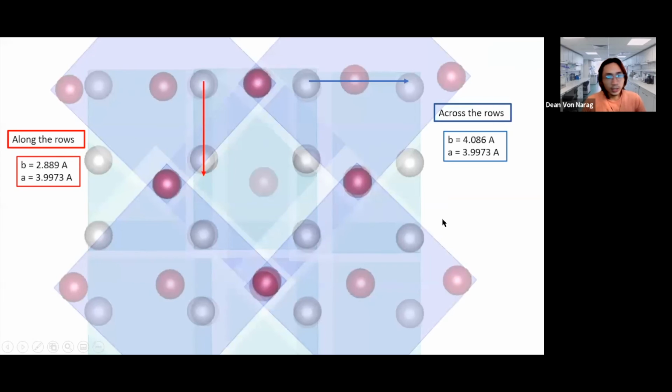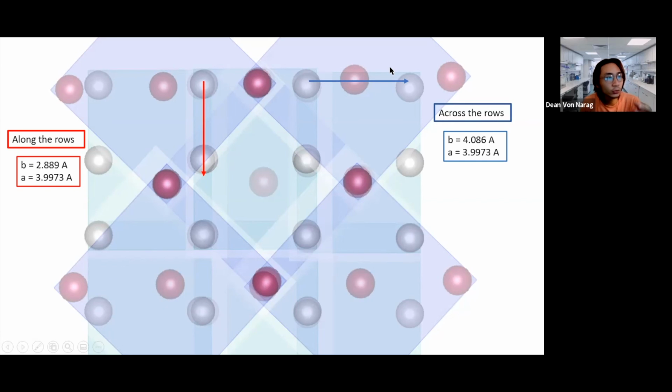So here is a schematic of what transpires when you grow silver on gallium arsenide. Here we can see how the compression or the stretching by the lattice misfit occurs for these two materials. So across the rows, we can see here that the silver atoms are offset or have a misfit according to this value of the gallium arsenide.